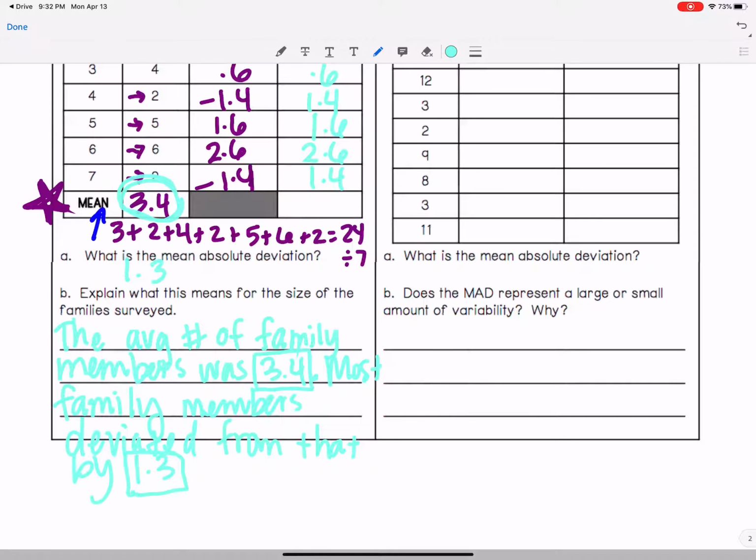If we were to add 1.3 and subtract 1.3 from 3.4, that would mean that 2 to 5 members encompass most of the data. So all I did to figure that out was I would say, what's 3.4 minus 1.3? And 3.4 plus 1.3. And that gives us about 2 and about 5. So 2 to 5 members encompass most of the data.